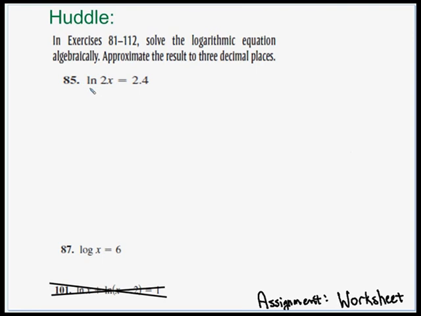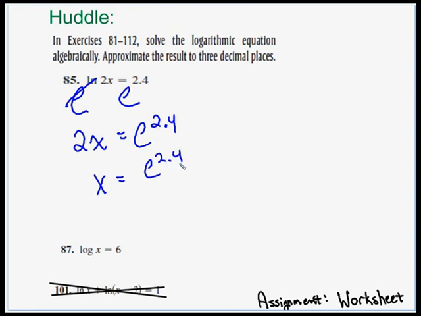Again, it's already set up. We have the ln of 2x equals 2.4. So we are going to exponentiate each side. The e to the ln cancels, and we're left with 2x equal to e to the 2.4 power. So divide by 2. x equals e to the 2.4 power divided by 2.